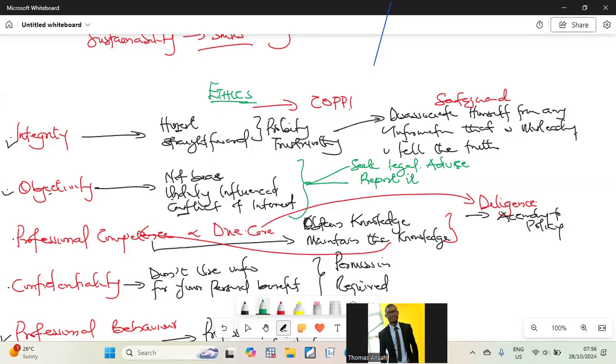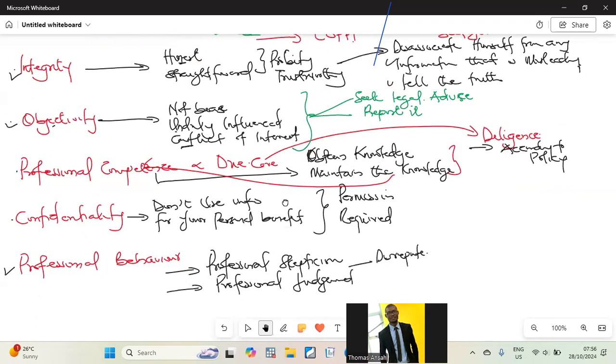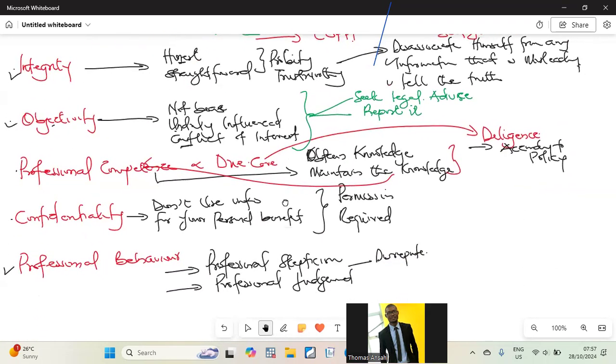Or you can report it externally, that is to the regulators, ICAG, those who are regulating the accounting profession. And if it is labor, somebody is taking advantage of you, you have to report it to the Labor Commission and all those things.